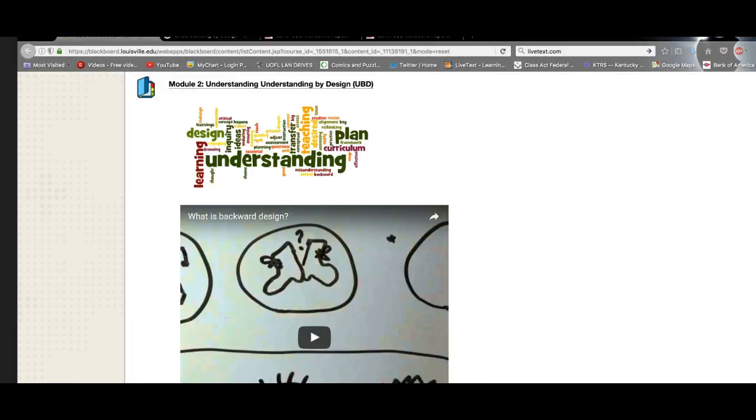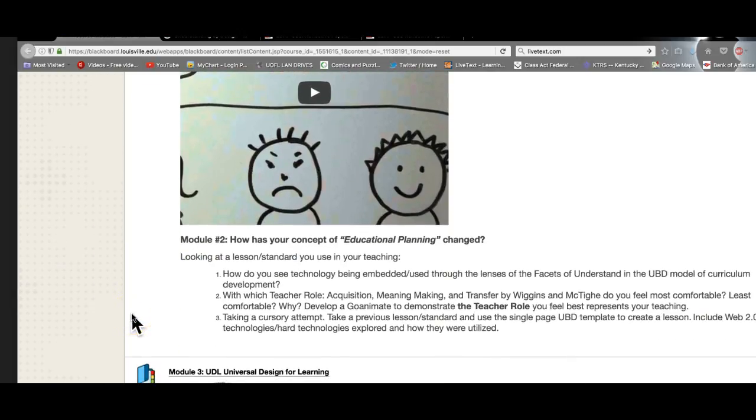Okay, so we've had a pretty good, I think, beginning understanding of how this thing all works. Now let's go to your turn and help me see how you are doing with this. So let's jump down to the third one, which says taking a cursory attempt, take a previous lesson standard and use the single page UBD template to create a lesson that could use technologies.